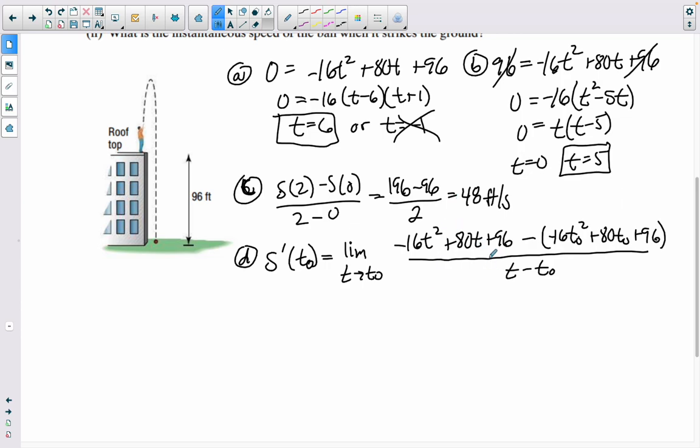You should see that this will cancel out with this. All right. You can factor out a negative 16.